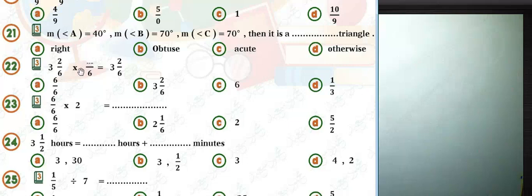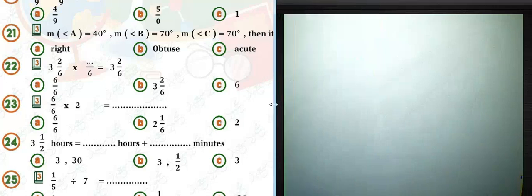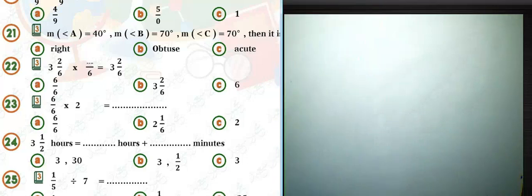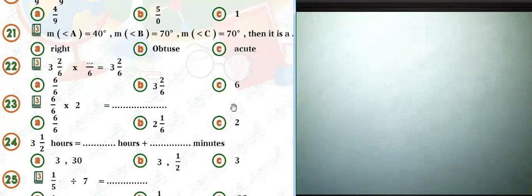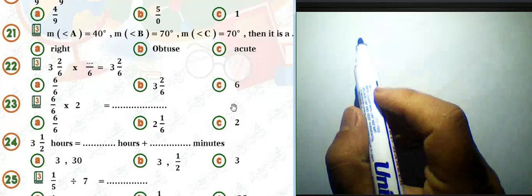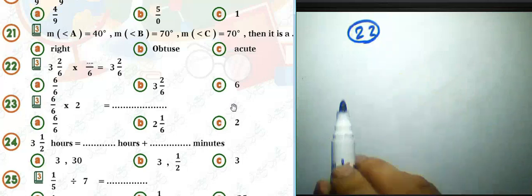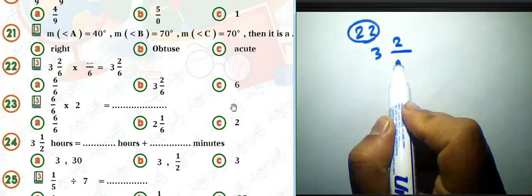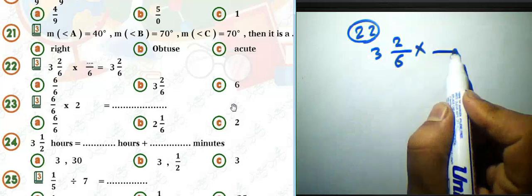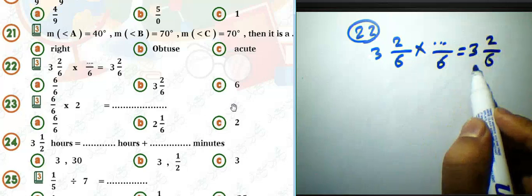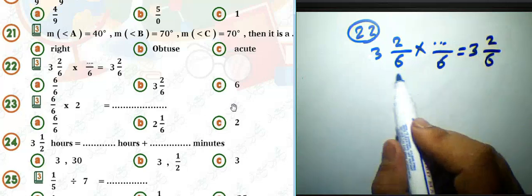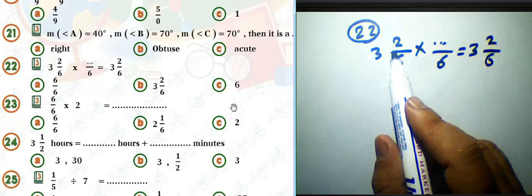Question 22. 3 and 2 over 6 multiply space over 6 equals 3 and 2 over 6. Okay, I will solve it here. Look with me at this example. We can find the result here about 3 over 6.